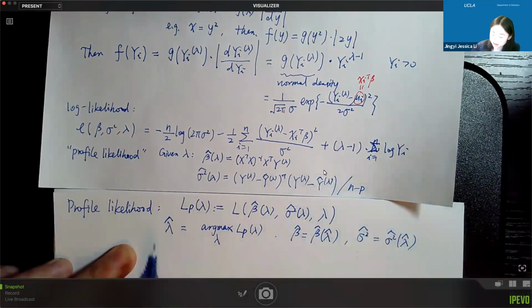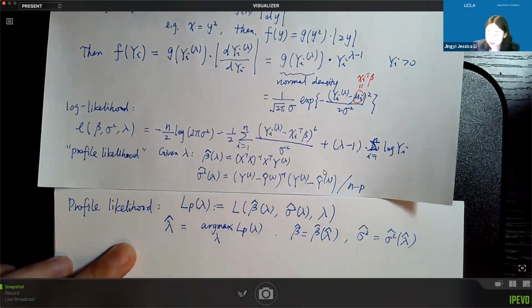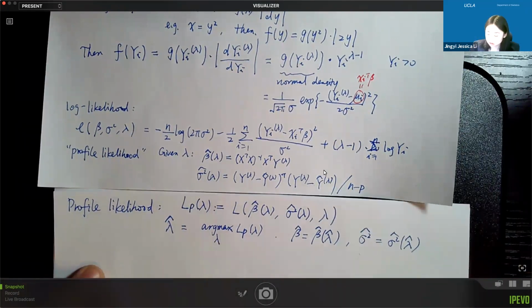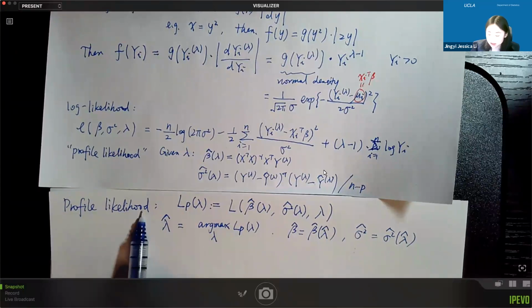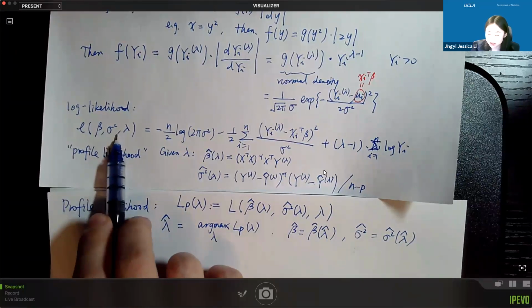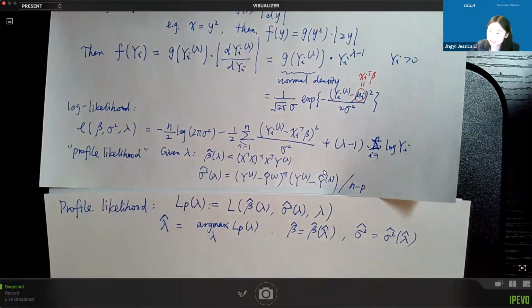Once we fix the lambda hat, we plug it back into the two formulas. So my question for you is, does this profile likelihood approach actually give me the MLE for maximizing the original log likelihood? That's a question for you to think about.